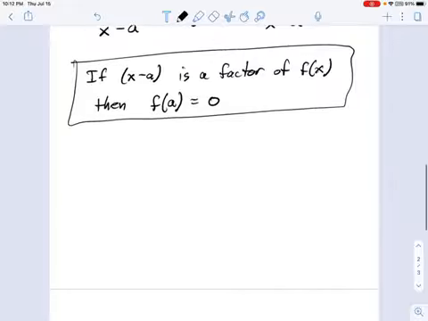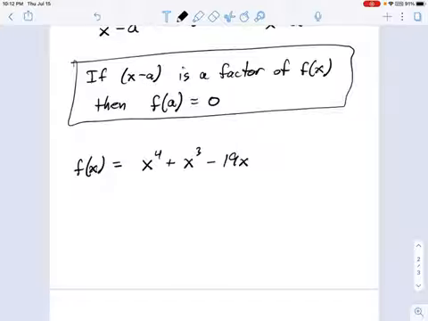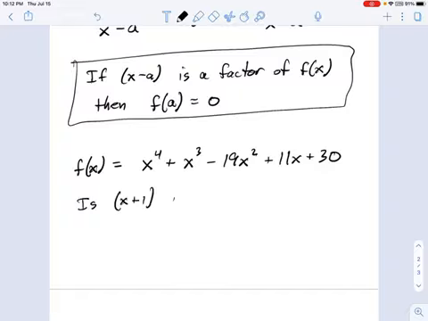So in this example, let's make this thing f of x equals x to the 4th plus x cubed minus 19x squared plus 11x plus 30, okay? And I want to know, is x plus 1 a factor?